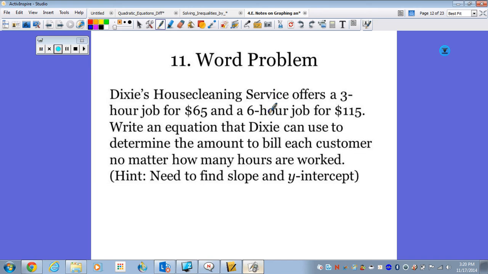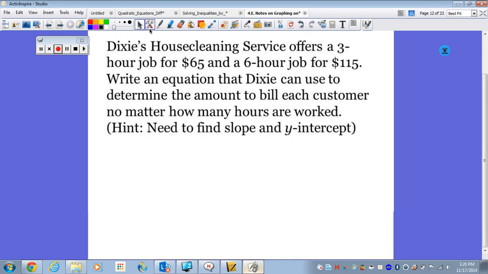Now, here we have a word problem. Yay, because we know how much you guys love those. So Dixie's house cleaning service offers a 3-hour job for $65 and a 6-hour job for $115. Write an equation. So basically what you need to do is use ordered pairs, and then do what we've been doing.